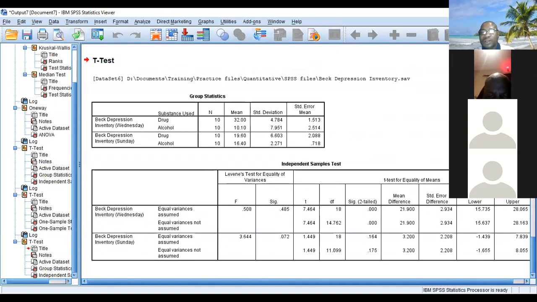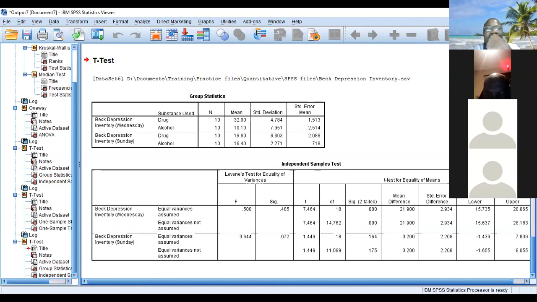It's visible. You noticed yesterday that between drug and alcohol, one was significant and one was not significant. It was significant on Wednesday. It was not significant on Sunday.